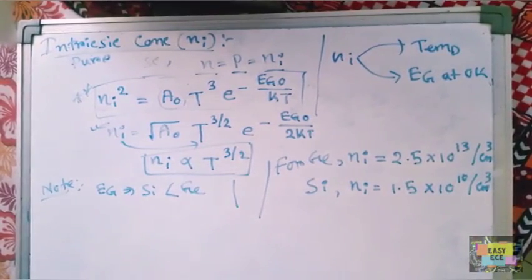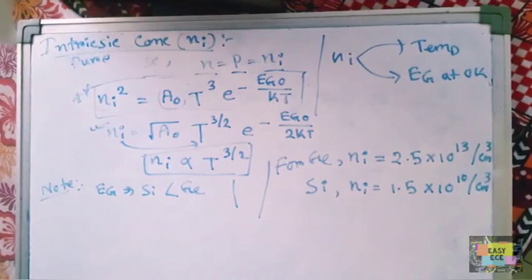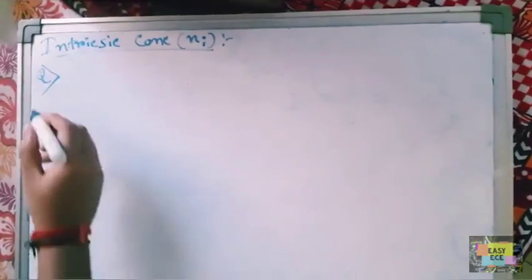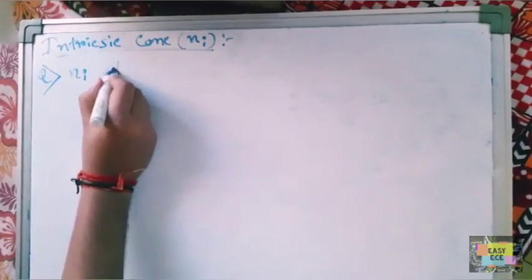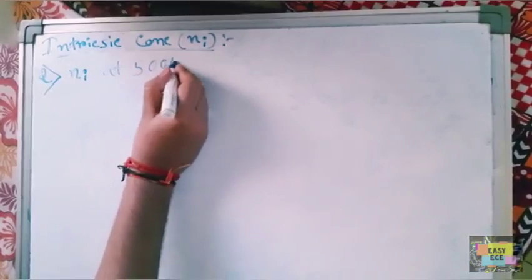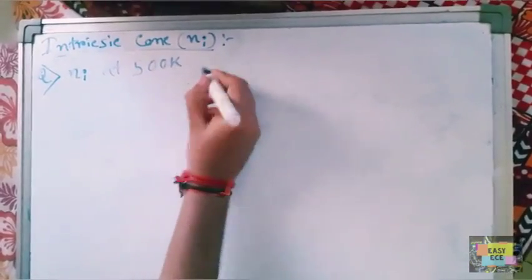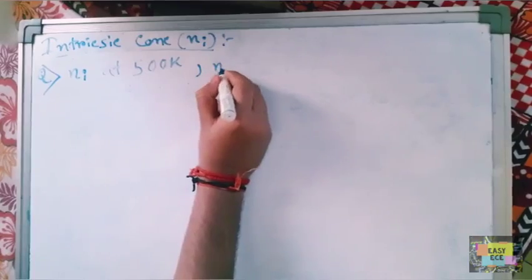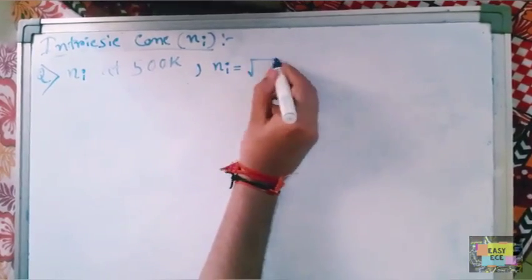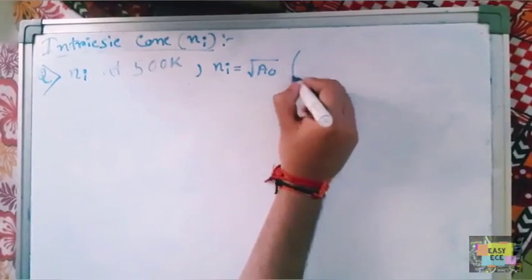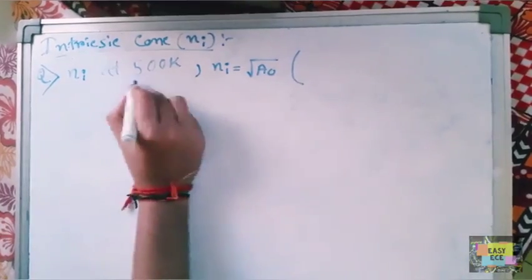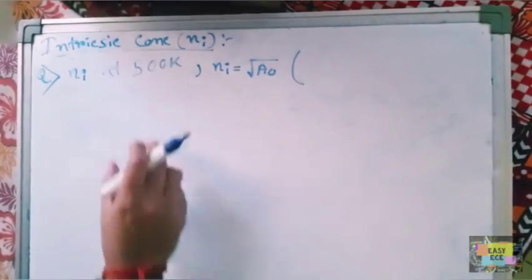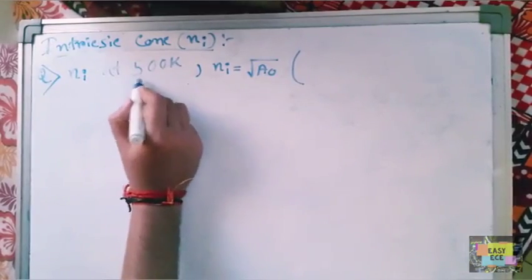Now there are some questions we need to understand about this topic to solve numerical problems. Suppose we calculate ni, that is intrinsic concentration, at 500 Kelvin. The formula looks like this. We know the formula: ni equals root over A naught into the temperature to the power 3 by 2. So how do we substitute T as 500 Kelvin? To make this absolute temperature, we divide by 300.